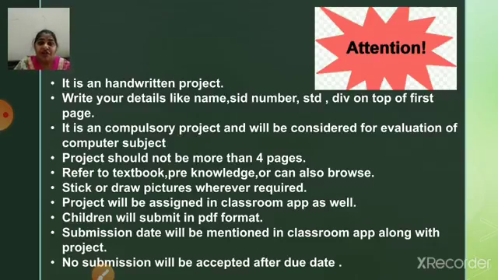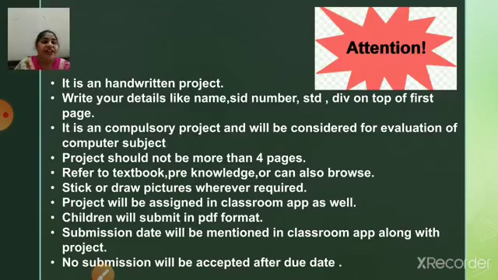Next one, refer to the textbook or you can use your pre-knowledge or can also browse wherever you want to take the information from, you can take it, children. So you can do it anyhow you wish. Next is stick or draw pictures wherever required.